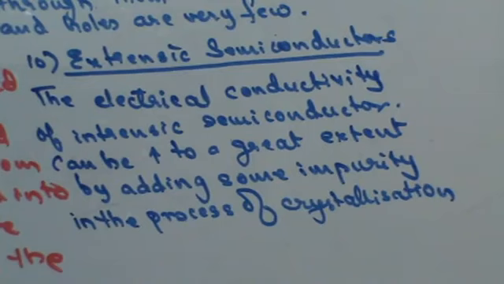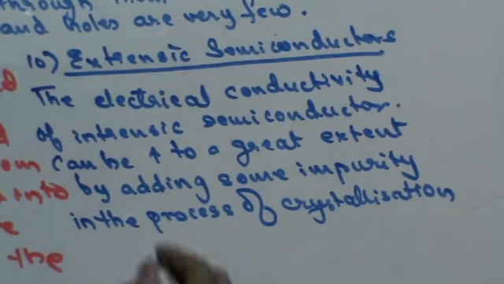Fine. Now the added impurity is very small, right? Such a semiconductor in which some impurity is added is called an impure semiconductor, or it is called an extrinsic semiconductor.